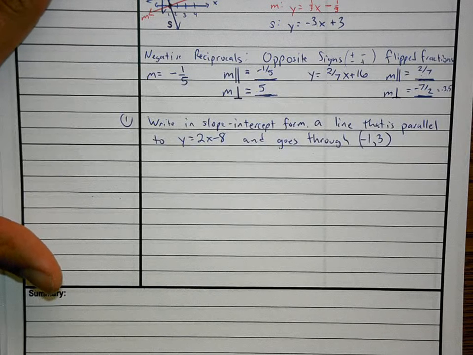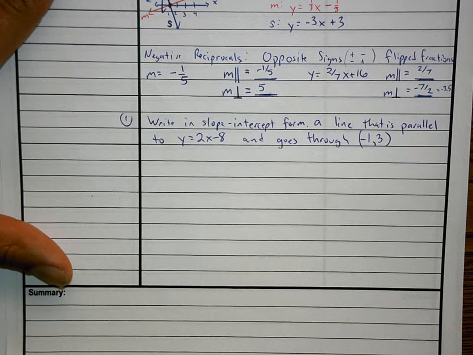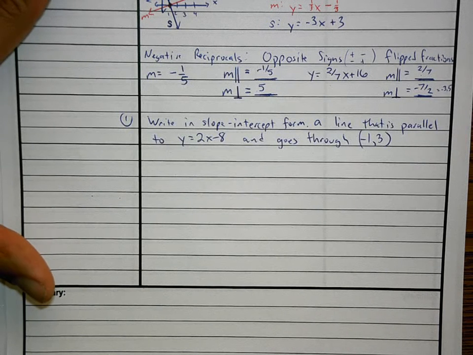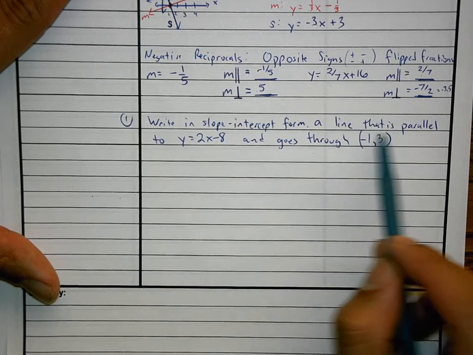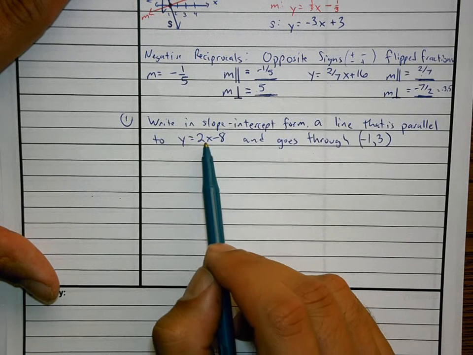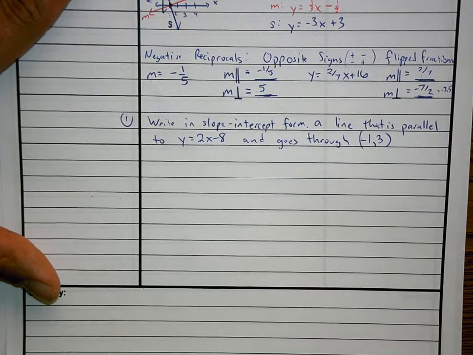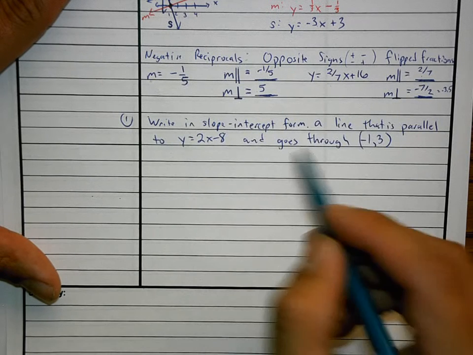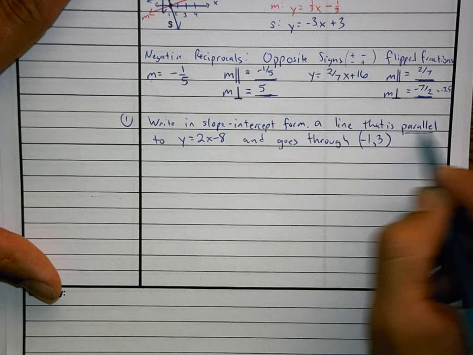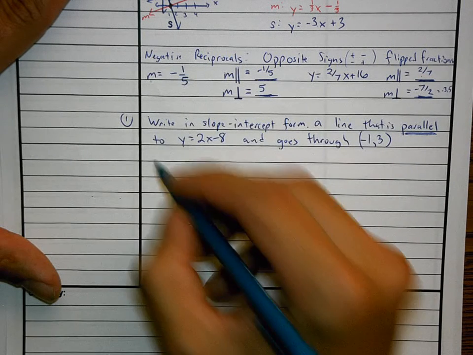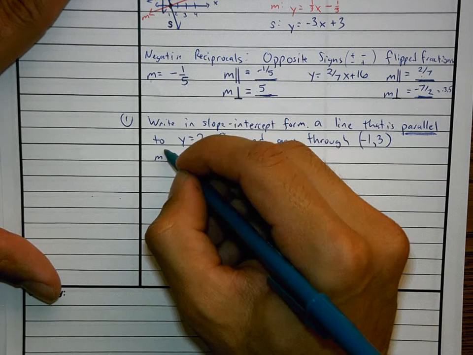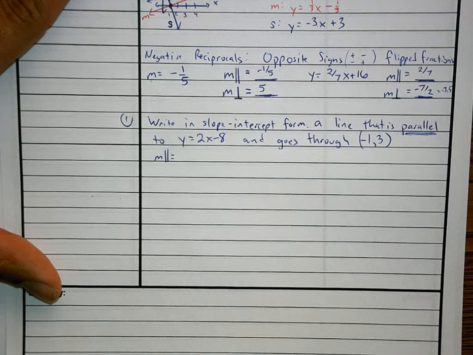So I hope you know which one is, right? In slope-intercept form, a line that is parallel to this line. It has to be parallel to y equals 2x minus 8. If it's parallel, let me underline that word. You should know automatically what the parallel slope is because we just talked about that.